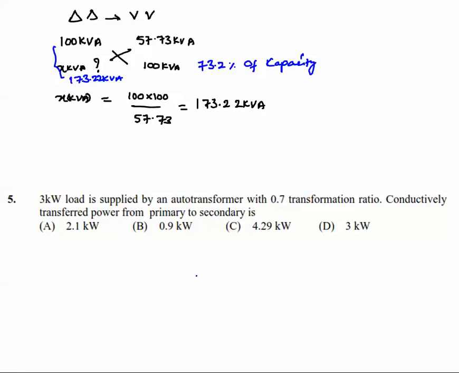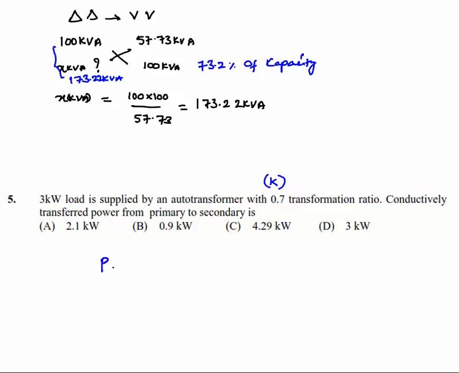And the next question is, a 3 kilowatt load is supplied by an auto transformer with a 0.7 transformation ratio. That is, they have mentioned the K value, and we need the conductively transferred power from primary to secondary winding. So we will substitute the direct formula.